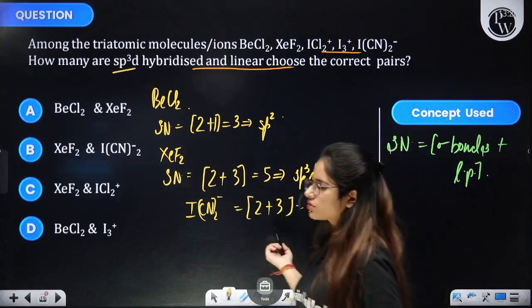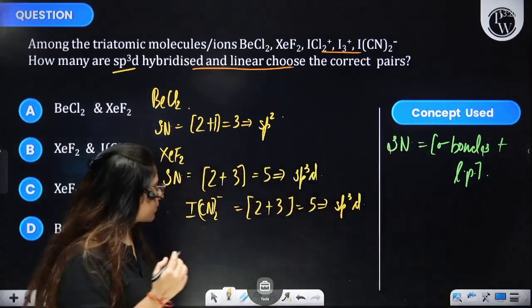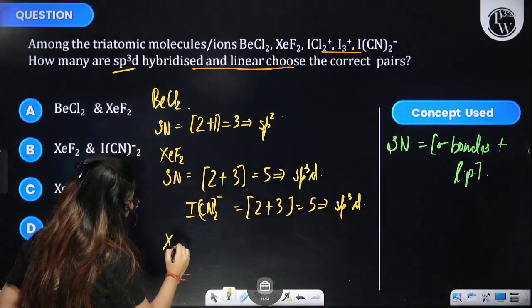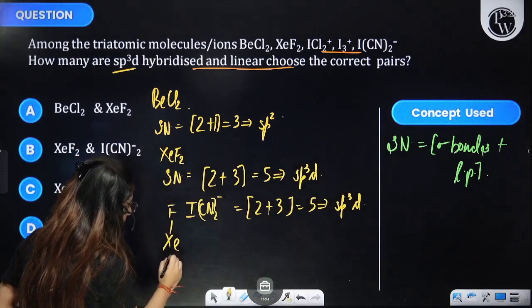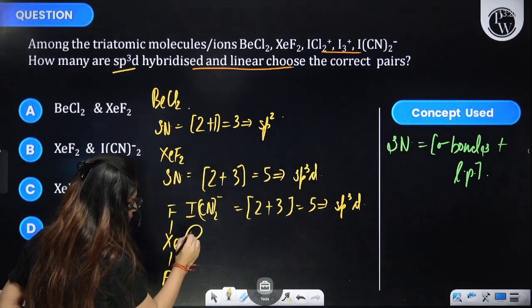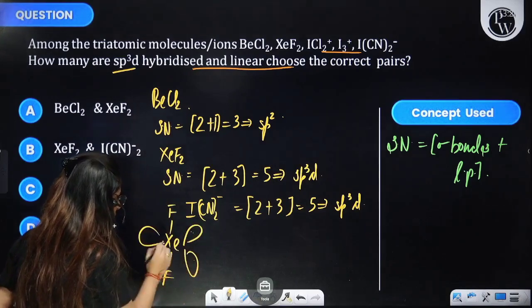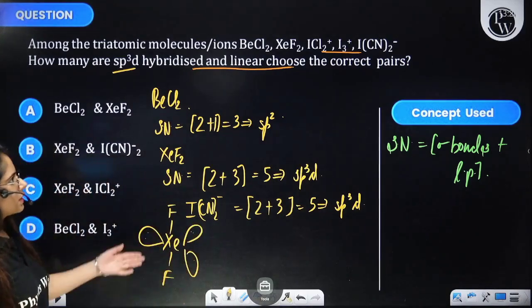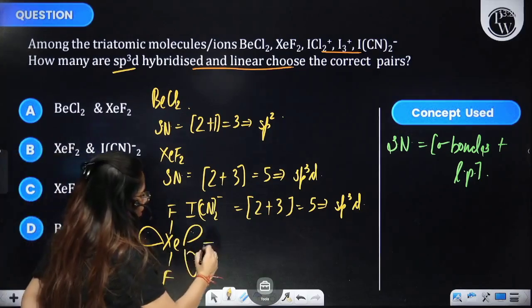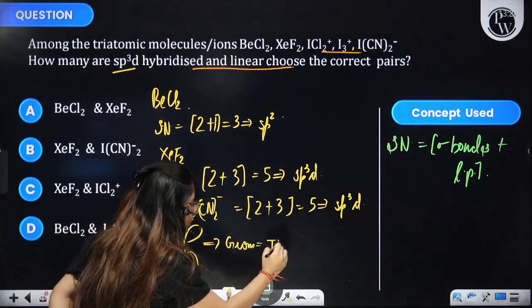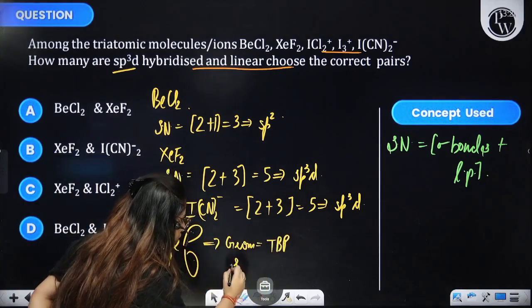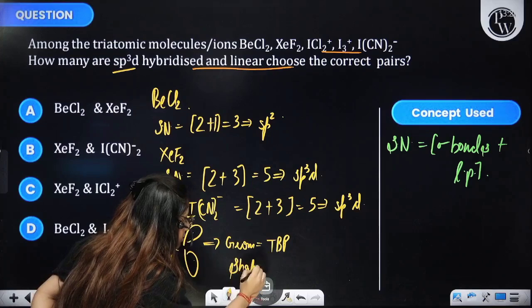Now let's draw the geometry of these two molecules. So XeF2 will be linear. Geometry is TBP and shape is linear.